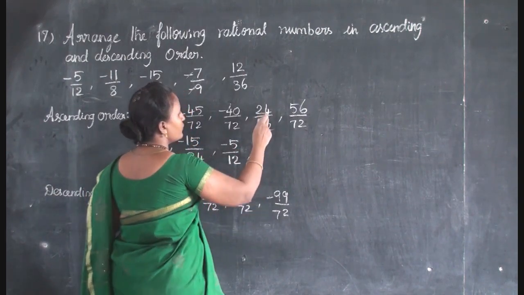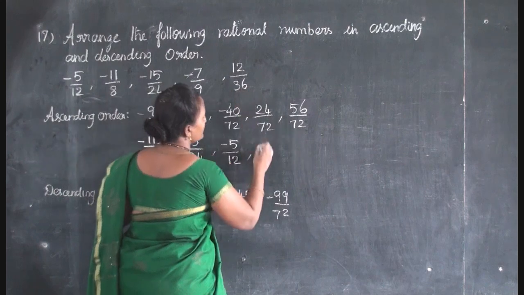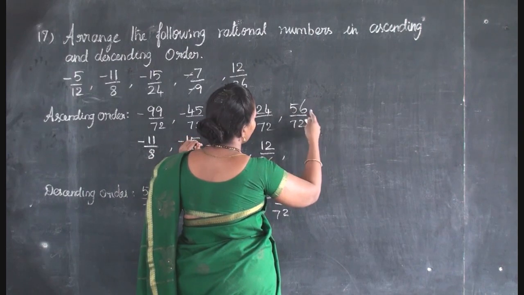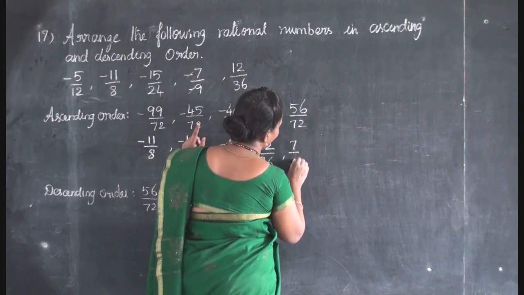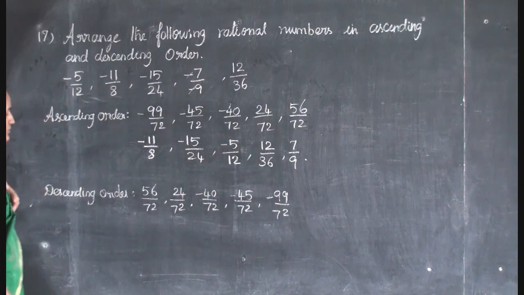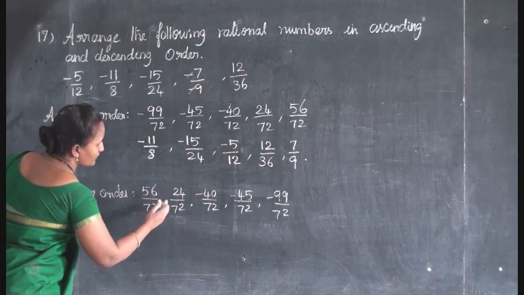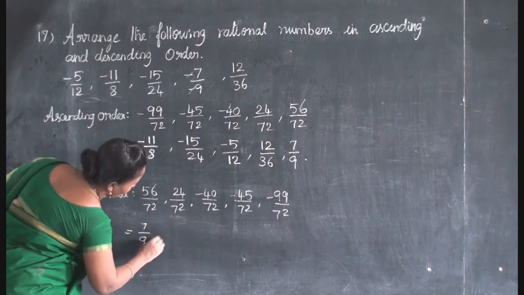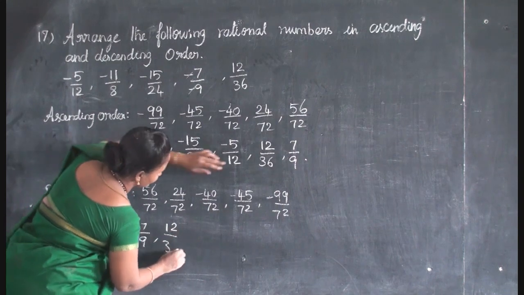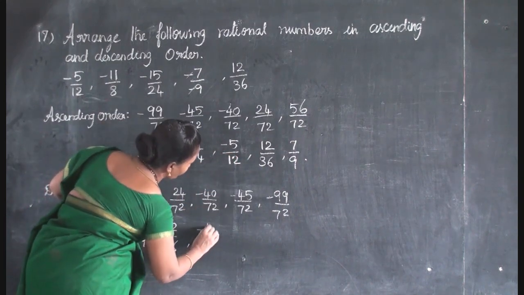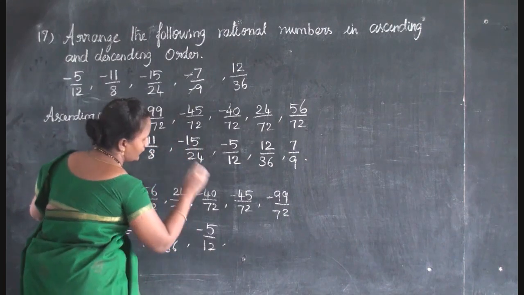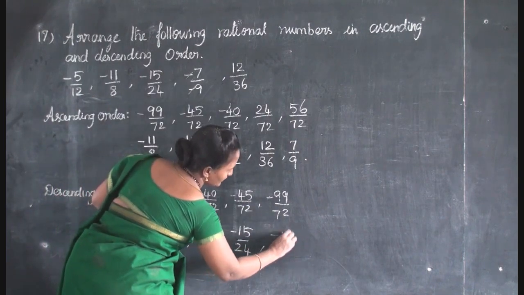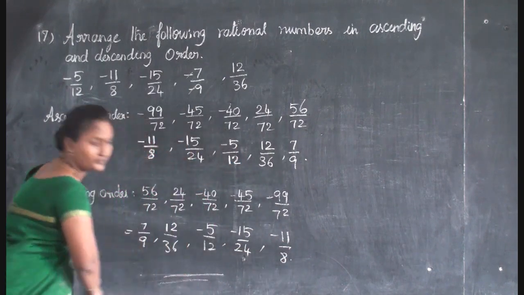And then 24 by 72 corresponds to 12 by 36, and 56 by 72 corresponds to 7 by 9. Here also, descending order is the reverse process. So 7 by 9 and 12 by 36, and then minus 5 by 12, and then minus 15 by 24 and minus 11 by 8. That is the answer.